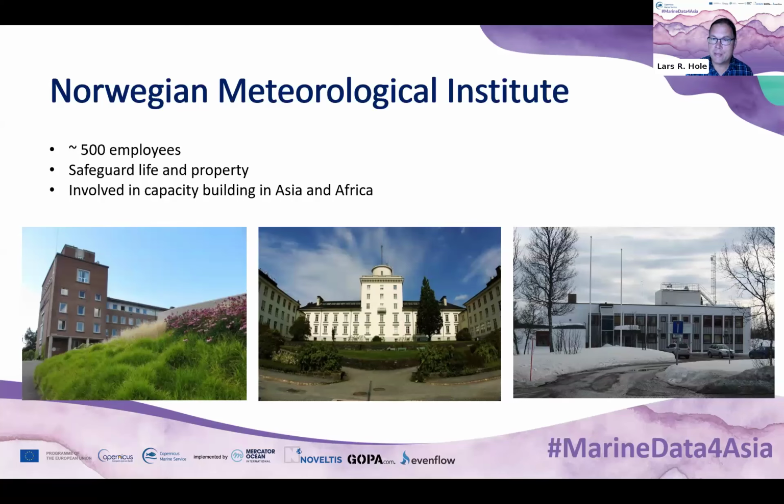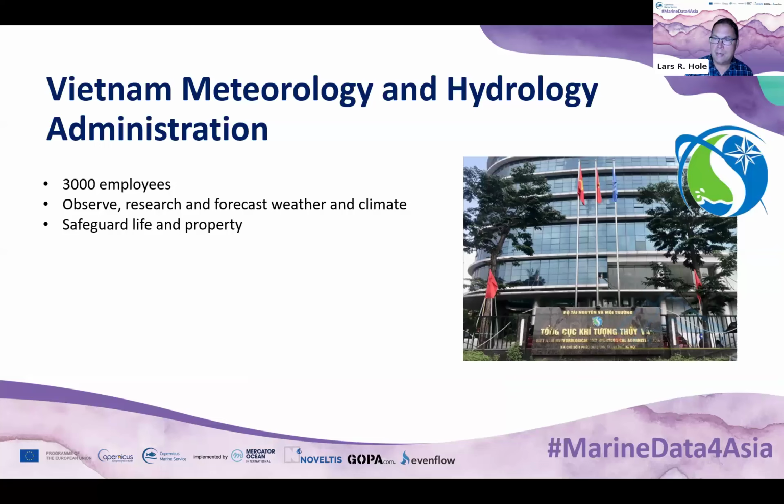We have about 500 employees at different regional offices, and our main task is to safeguard life and property in Norway. For quite a few years, we have been involved in capacity building projects in Asia and Africa. We have had close collaboration with colleagues at the Hydromet service in Vietnam for more than a decade.